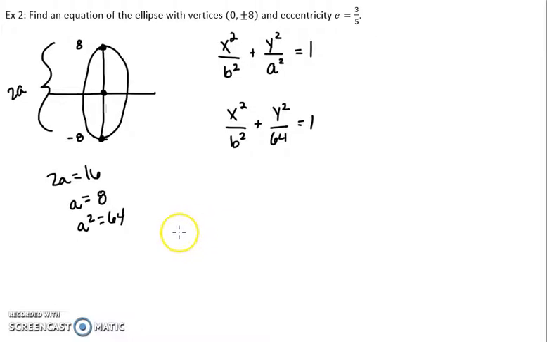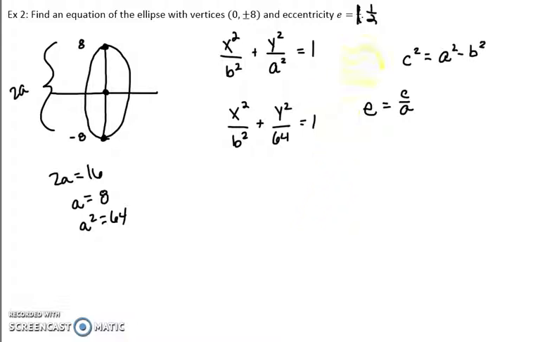Now we have a relationship that tells us c squared equals a squared minus b squared. The problem is I don't know c squared. So that's where our eccentricity is going to come into play. We know that by definition e is equal to c over a. And I actually made a typo. This should say e equals 1/2.